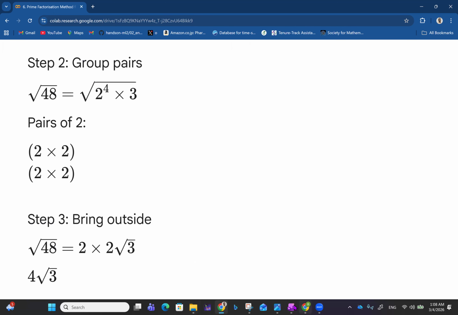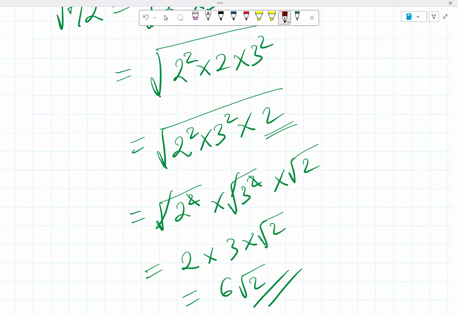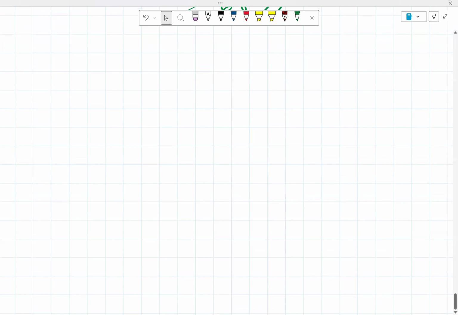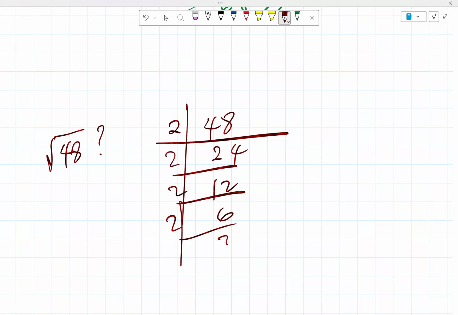So if I'm going to do it on the worksheet, I have square root of 48, right? First of all, we have root 48. We get the factor tree because it's even. So 2 goes, so you have 2, that's 24, 2, that's 12, 2, 6, 2 again, that's 3, and finally 3, that's 1.